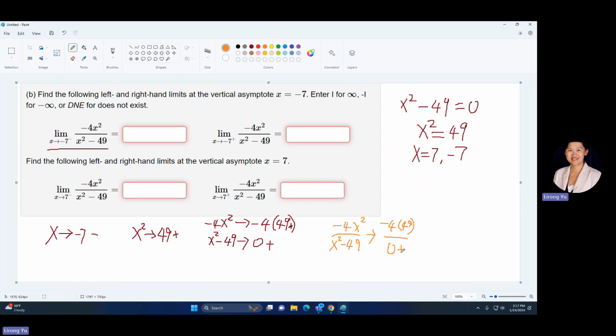So we have a negative number divided by a positive number, so the entire thing is a negative number. But because the denominator approaches 0, this is actually negative infinity. That makes sense?